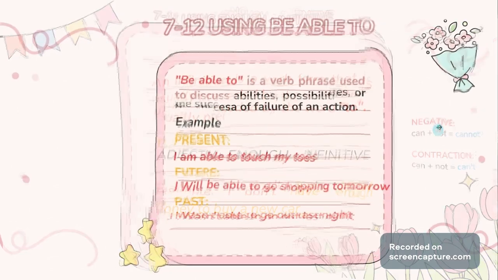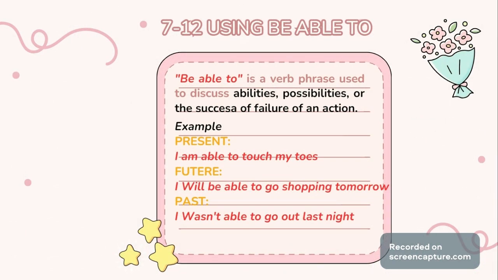Okay, next. Using be able to. Be able to is a verb phrase used to discuss abilities, possibilities, or the success or failure of an action. For the present, we have: I am able to touch my toes.